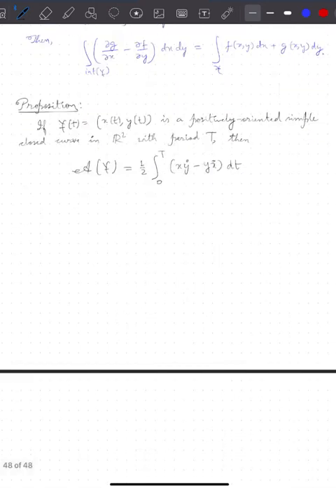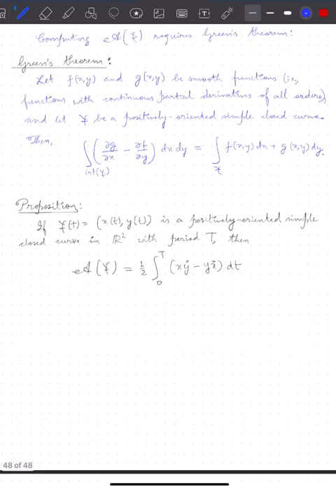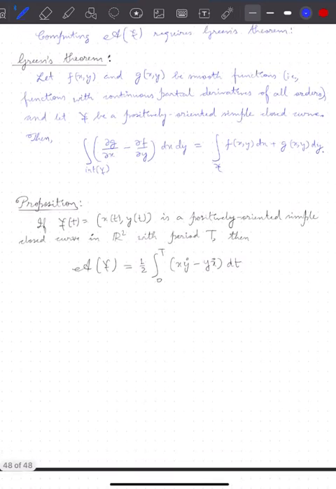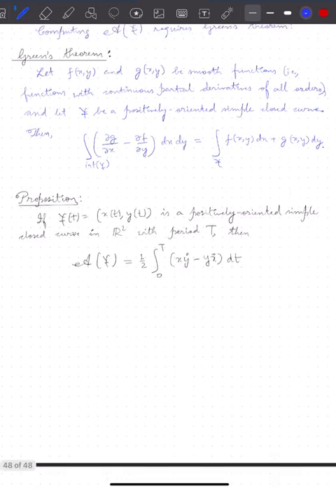And this can be proved by looking at the form here, right? So dx is nothing but x dot dt, so x dot dt is equal to dx. Likewise, y dot dt is equal to dy.